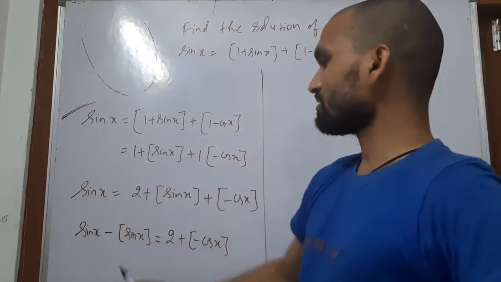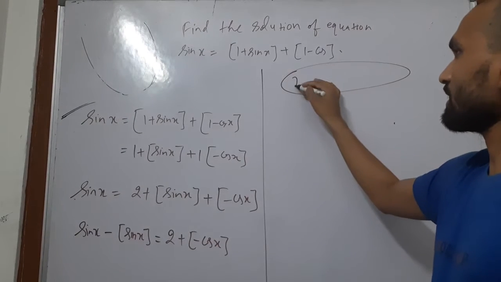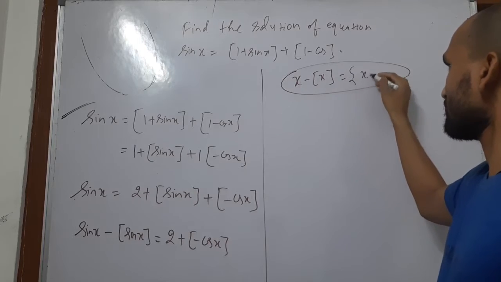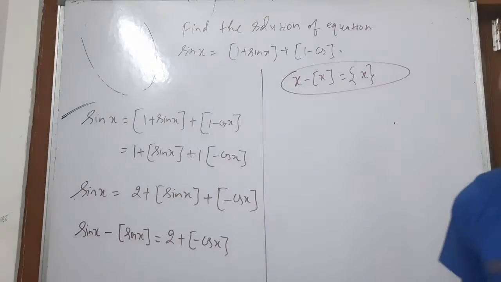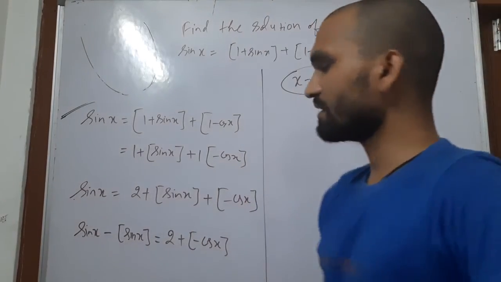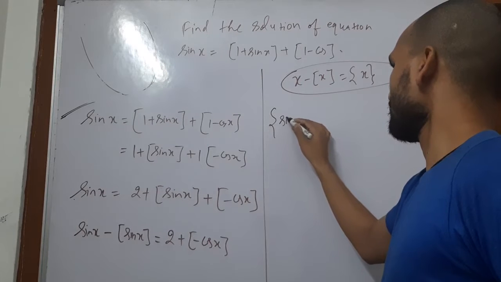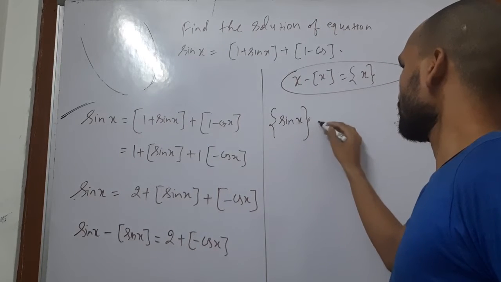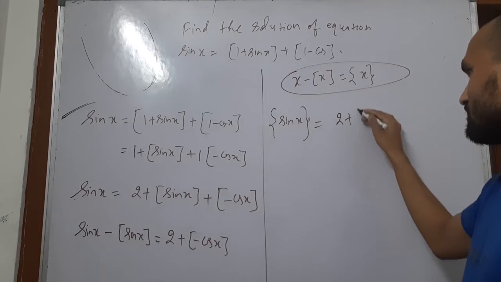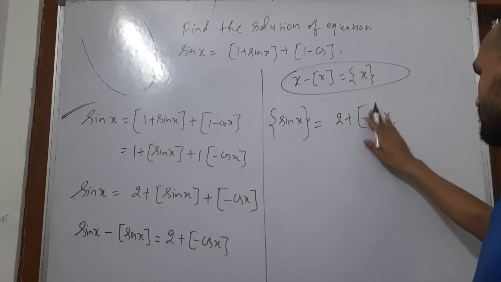As we know that x minus greatest integer x is the fractional part of x. So sin x minus greatest integer of sin x is the fractional part of sin x. So the fractional part of sin x is equal to 2 plus greatest integer of minus cos x.